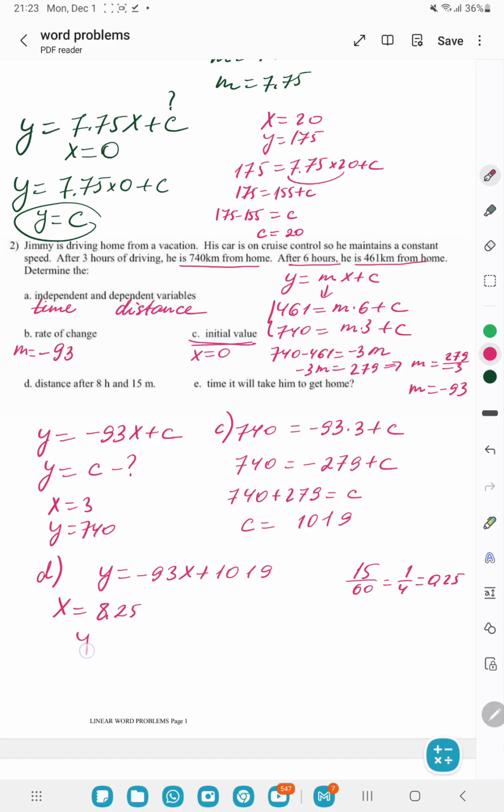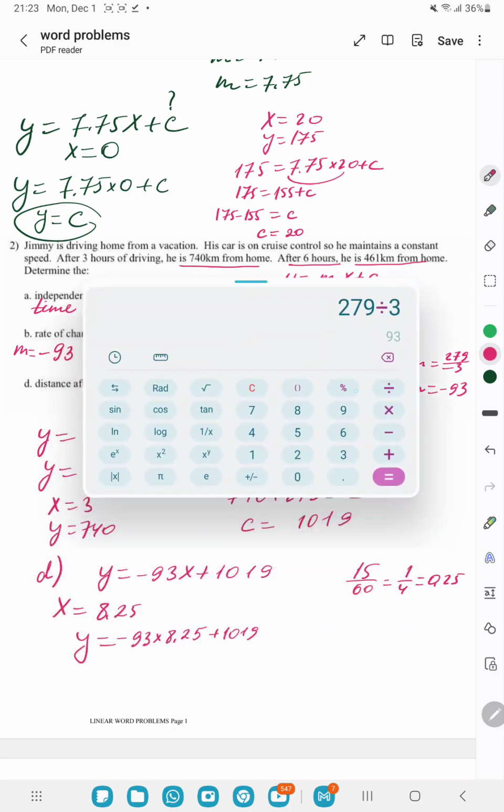Okay, what will be the y value? Let's check: negative 93 times 8.25 plus 1019. So let's do it. Negative 93 times 8.25 equals, so this is negative, we will subtract them.